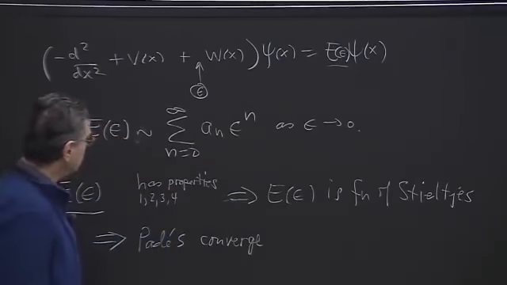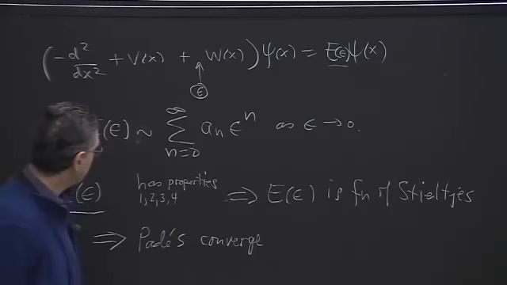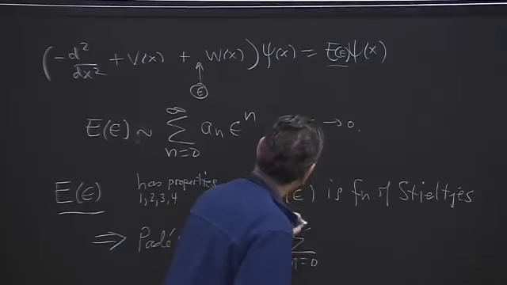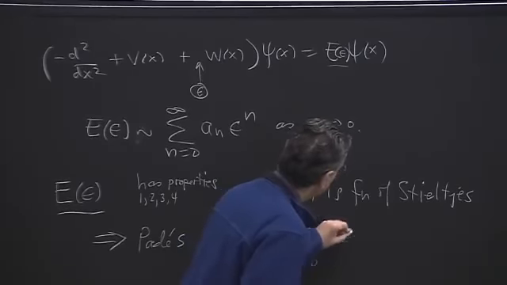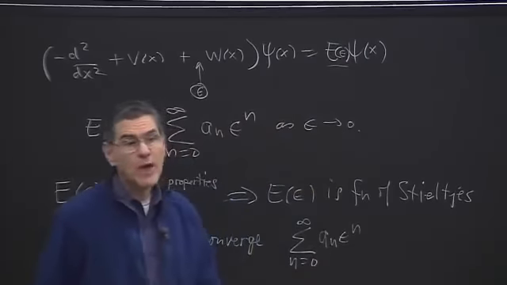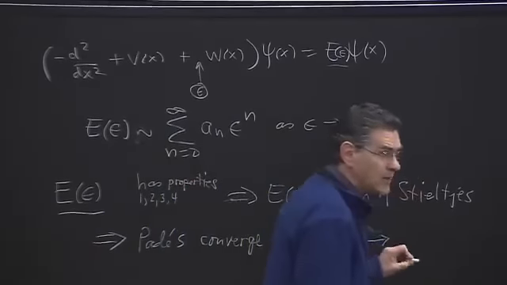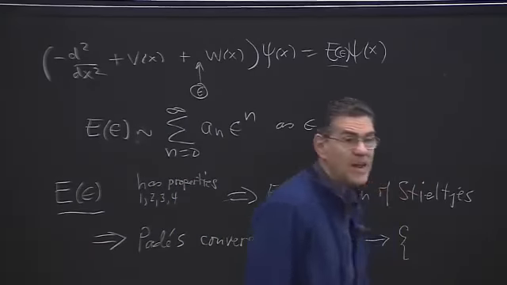So what you can do is take this series, the sum from n equals 0 to infinity of a sub n epsilon to the n, and convert it to a sequence of Pades.